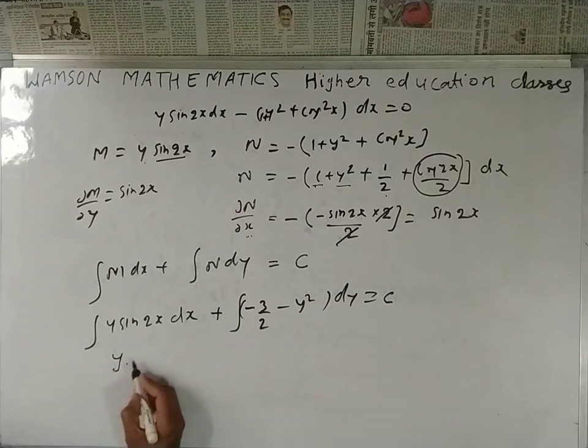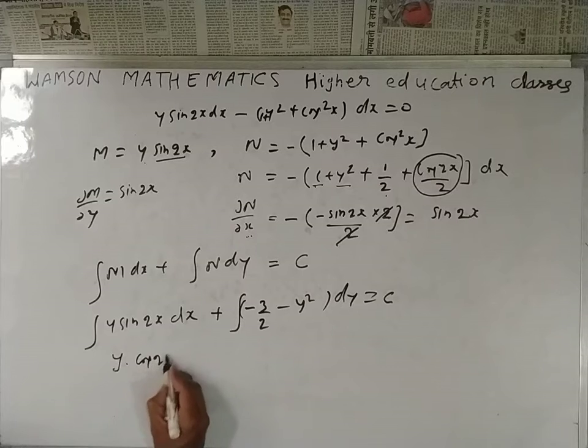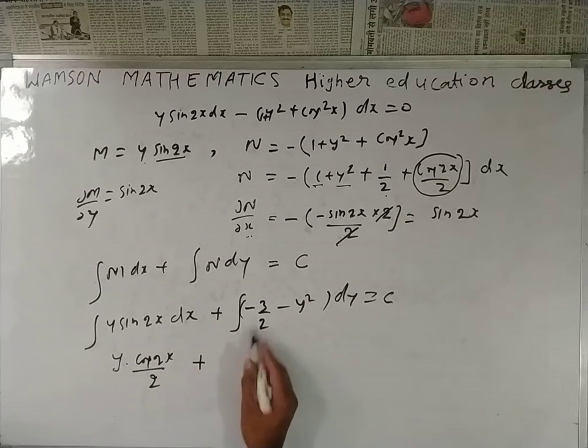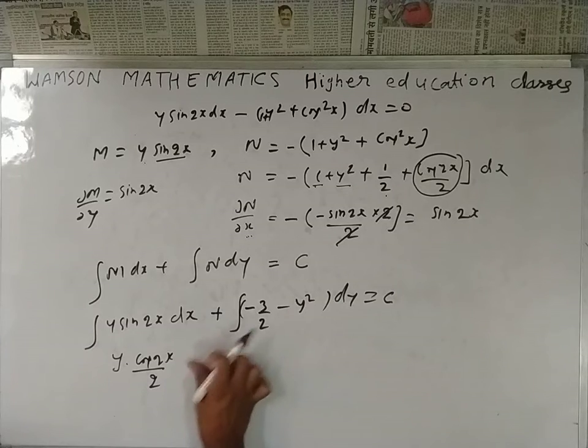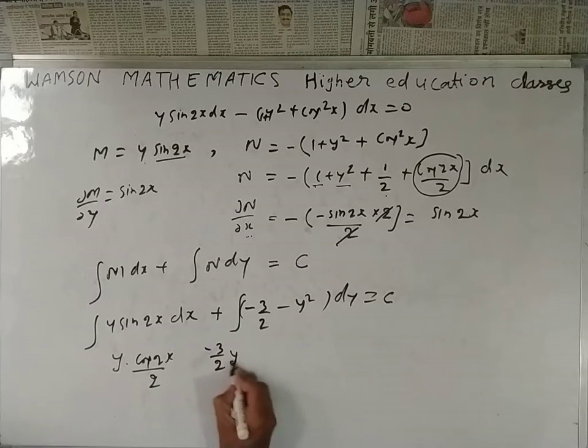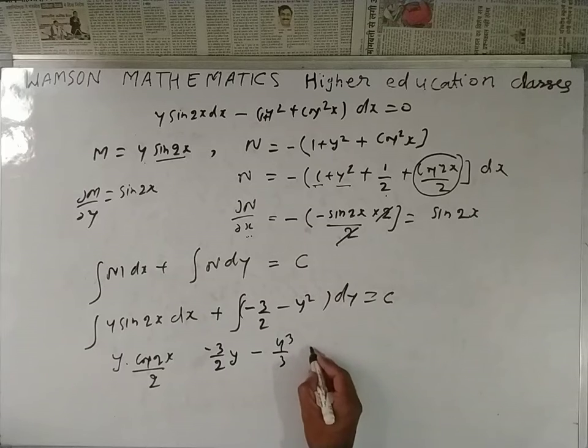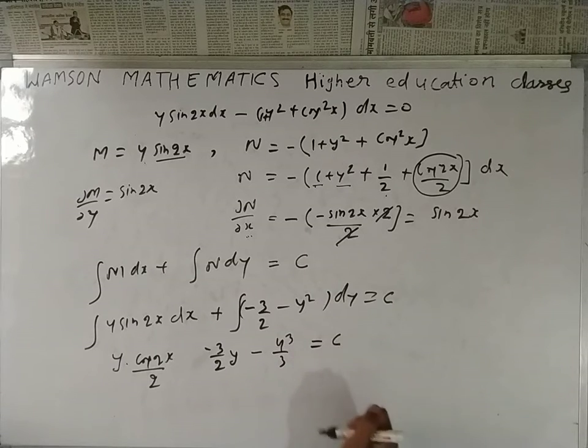So here y is constant: sin 2x integrates to cos 2x divided by 2, plus here minus 3 by 2 y, and minus y cubed upon 3, is equal to c.